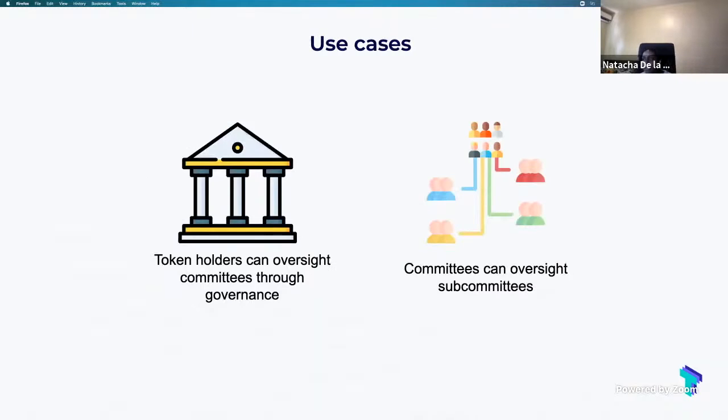For the use cases of this, token holders can oversee committees through governance. Committees can oversee subcommittees they build, and can also oversee events they fund, etc. So there are a lot of use cases that can be made with this solution.